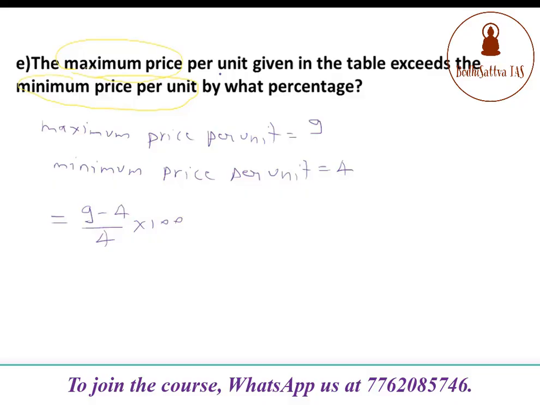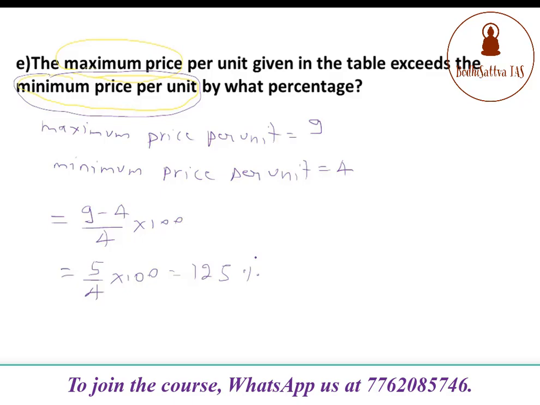We are comparing with the minimum price per unit, so this will be in the denominator. So it will be 5 by 4 times 100. If I simplify it, it will be 125%.